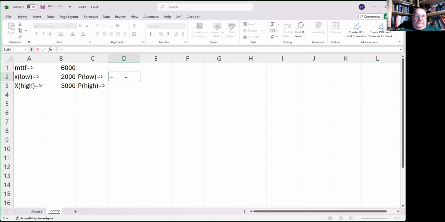So let's go back and use the formula that we were talking about before. So equal to 1 minus exponential negative x divided by mean time to failure, close parentheses. That looks more realistic.